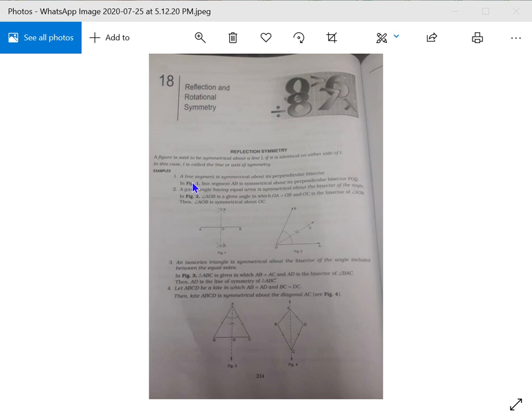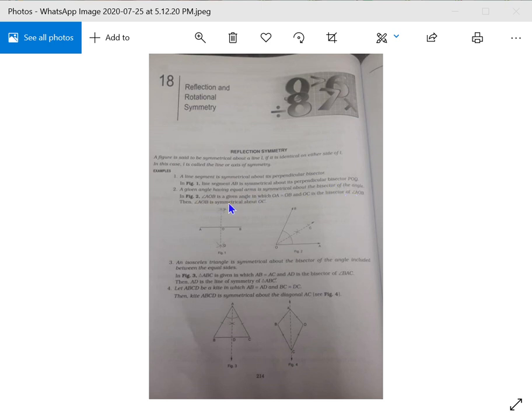Now coming to a line segment: it is symmetrical about its perpendicular bisector. In figure 1, the line segment AB is symmetrical about its perpendicular bisector POQ. See, this is a line segment AB and POQ is a line bisector. A given angle having equal arms is symmetrical about the bisector of the angle.